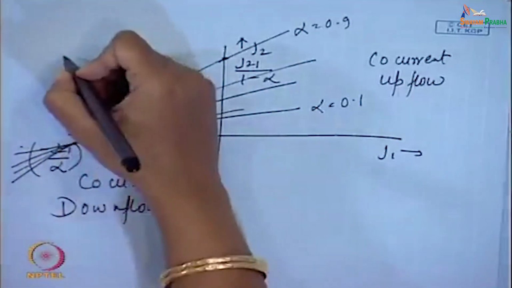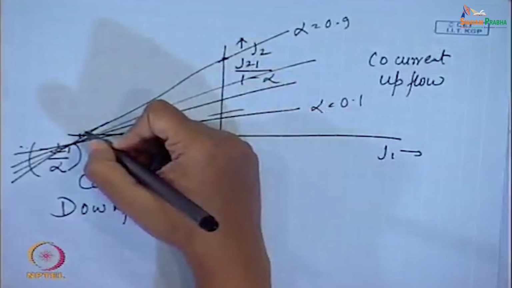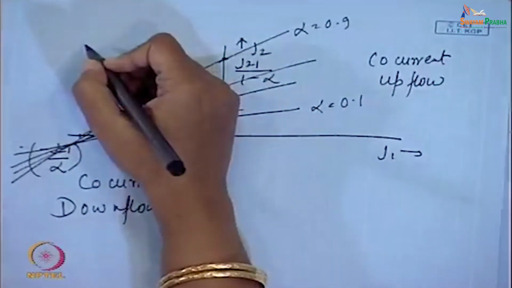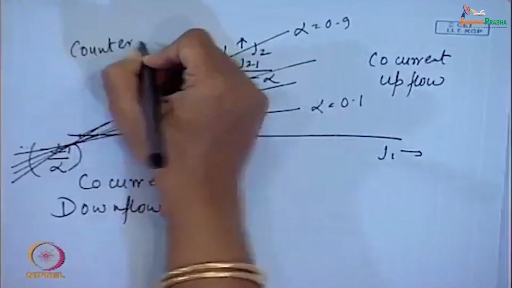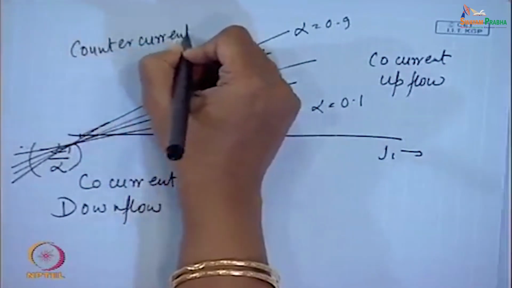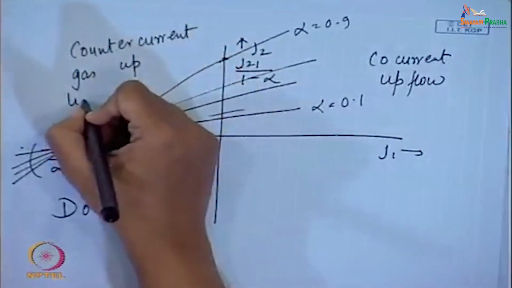Here J2 is positive, J1 is negative. So, J2 positive, J1 negative means it is counter-current with gas up, J2 positive, liquid down.